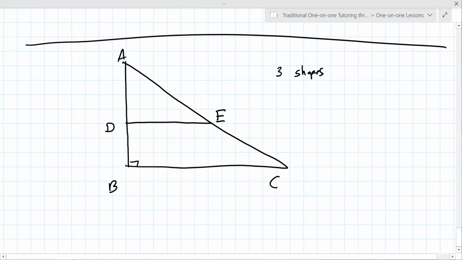I want you to find all 3 areas. There's triangle ABC, that was the first one I made. There's triangle ADE. And then there's trapezoid DEBC, which they actually do draw as a little trapezoid.